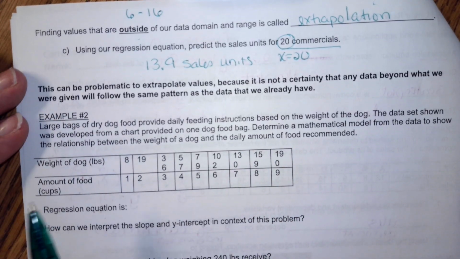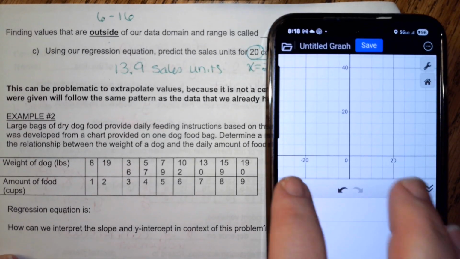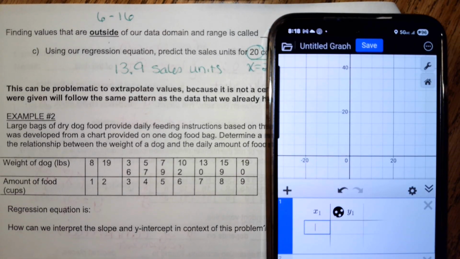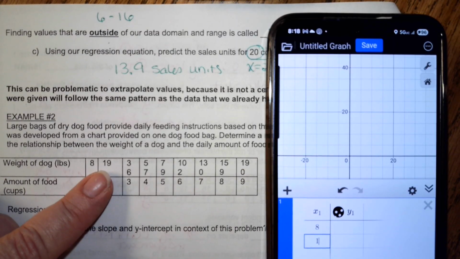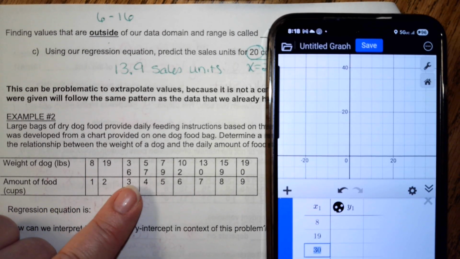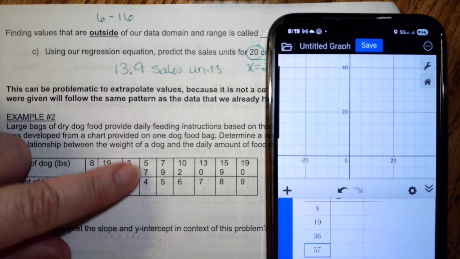Everybody put this into Desmos and find my equation for me. Make sure you notice that for some reason it printed weird. That's supposed to be a 36, a 57.